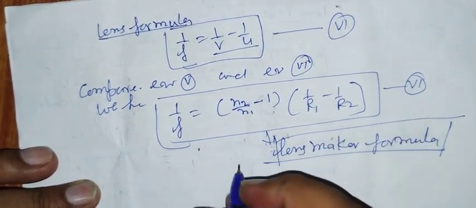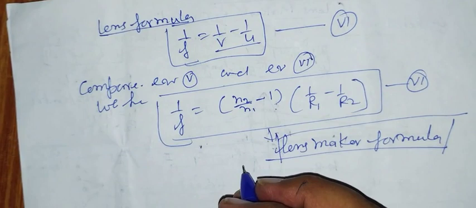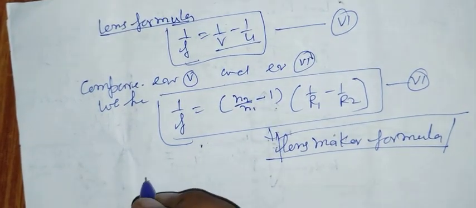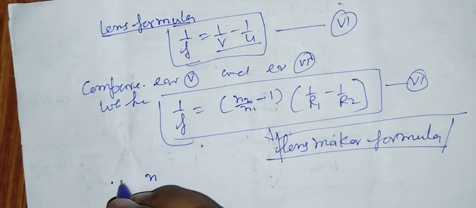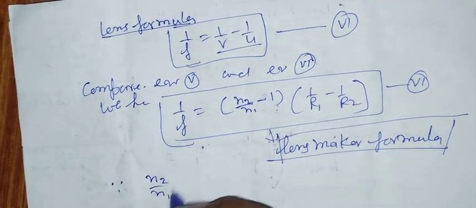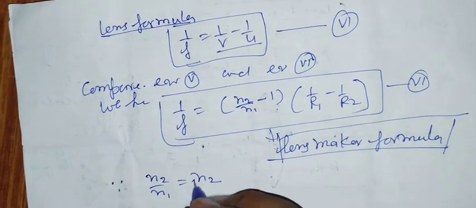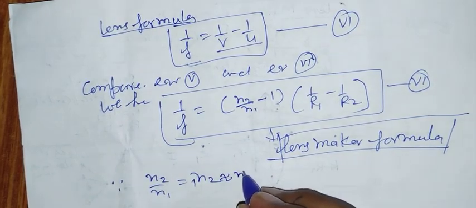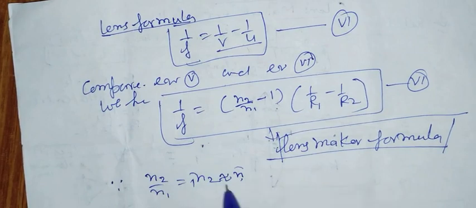This lens maker formula can also be written in another form, since n2 by n1 is the refractive index of 2 with respect to 1, commonly indicated by n.